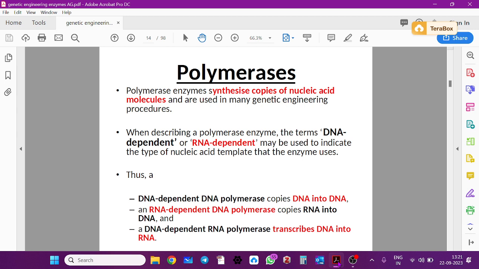So they synthesize copies of nucleic acid molecules. Simple definition: synthesize copies of nucleic acid molecules. And nucleic acids are either DNA or RNA.